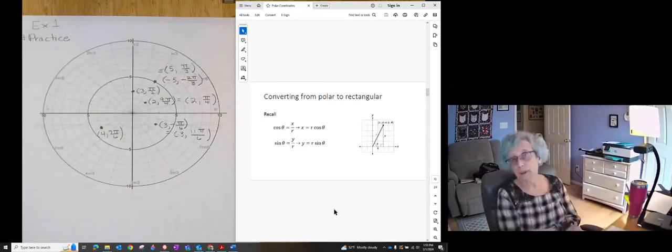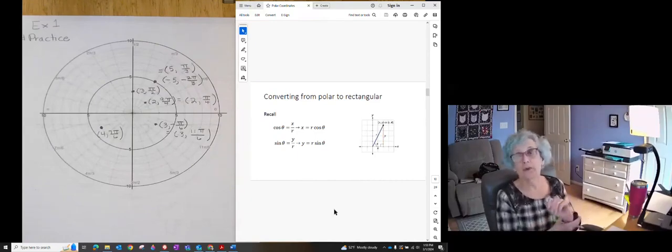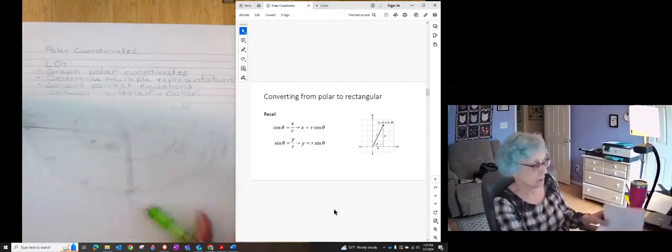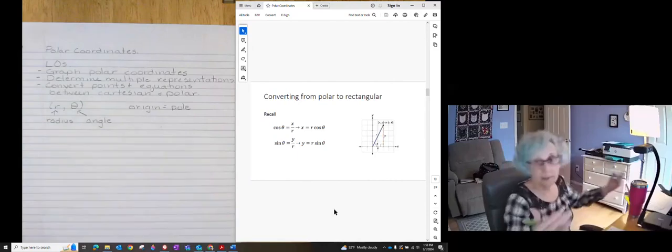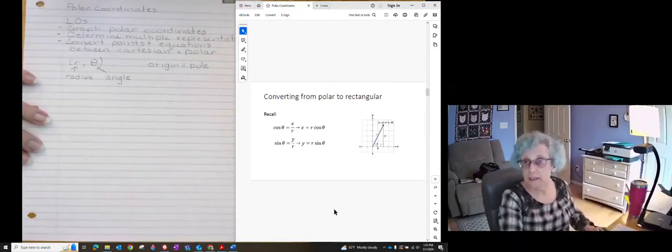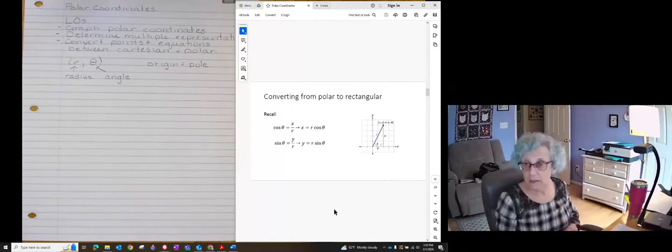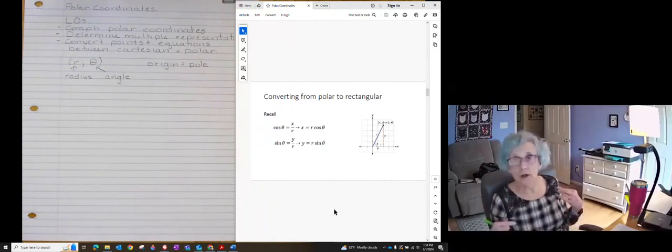Well, not only are we going to plot the points, we are going to convert back and forth between rectangular or Cartesian and polar and back again. So let's just remind ourselves that cosine of theta is x over r, if you're thinking about SOHCAHTOA.